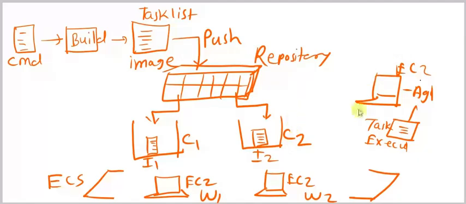Now this task has a role assigned to it. Let's say the task has role R1. Okay, and similarly other tasks have role R2, and with the help of this role, the API calls are made. Those API calls are made to various AWS services. It may be sending logs to CloudWatch.